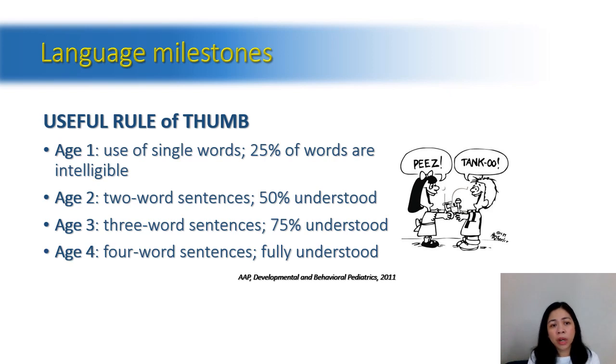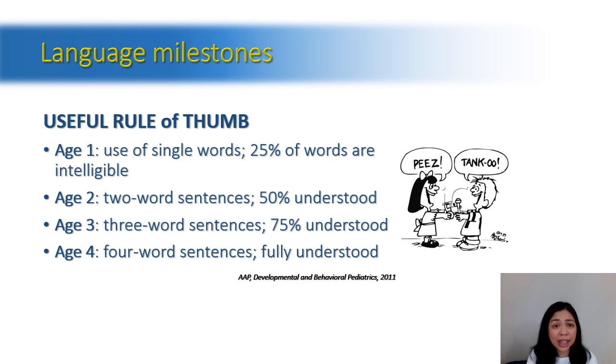Going back to our language rule of thumb, at age 1, we usually should hear single meaningful words already. At age 2, two-word sentences. At age 3, three-word sentences. And at age 4, four-word or full sentences.